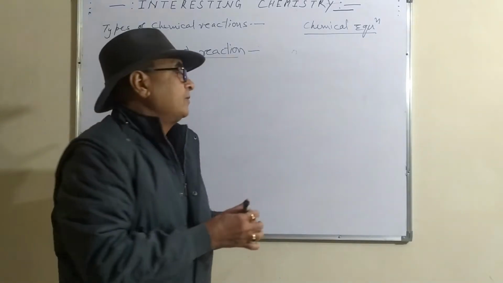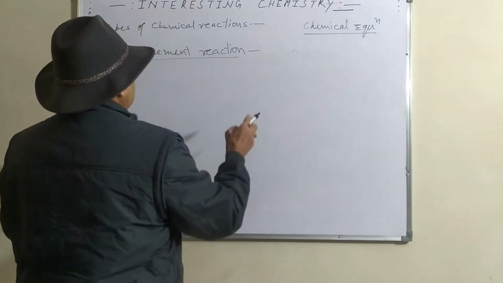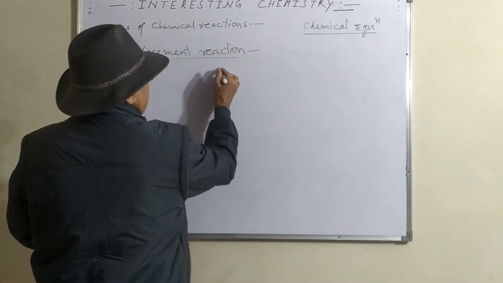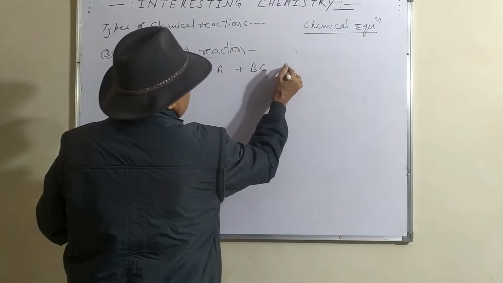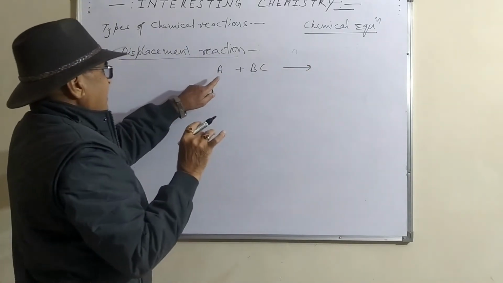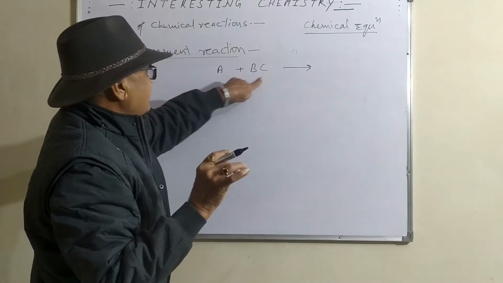Suppose it is A and it is BC. These are the compounds, these are the reactants.